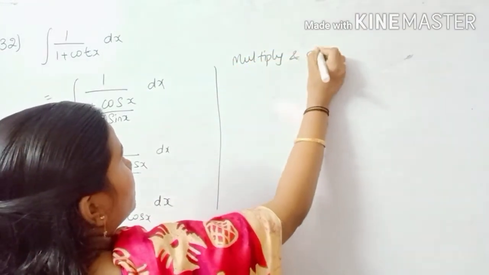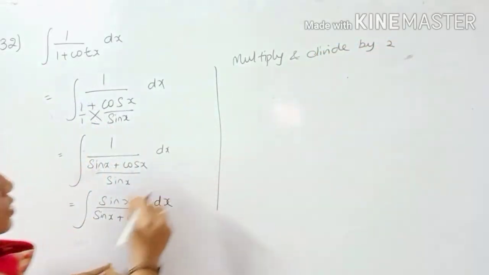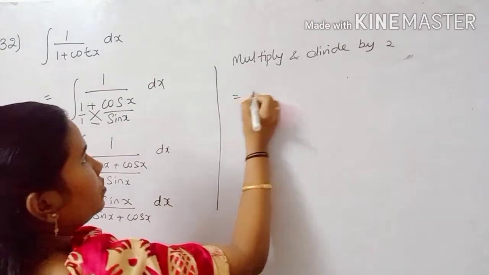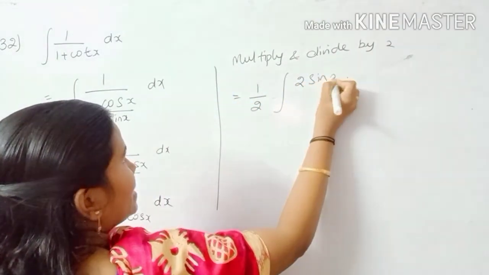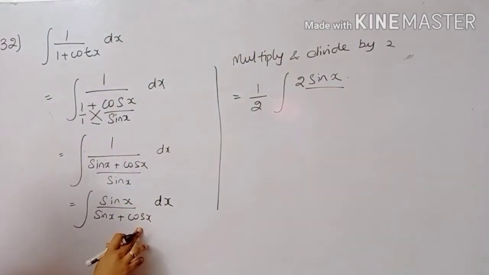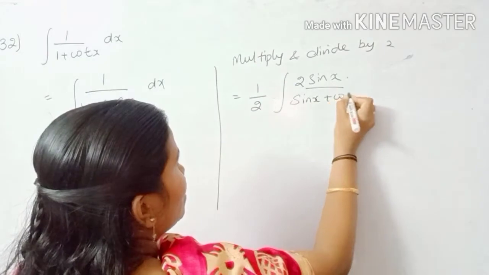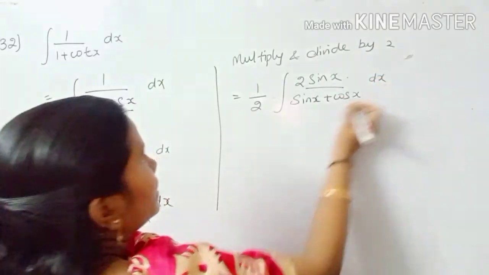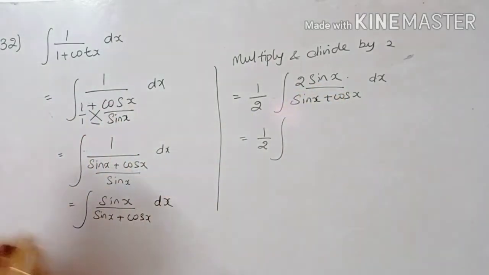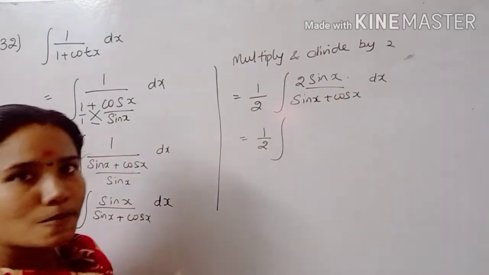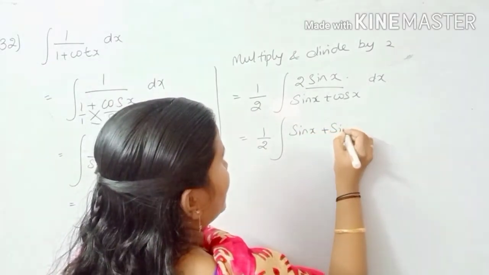Multiply and divide by 2. So if I multiply and divide by 2, we get 1 by 2 integral 2 sin x divided by sin x plus cos x into dx. Now I can write this 2 sin x as sin x plus sin x.